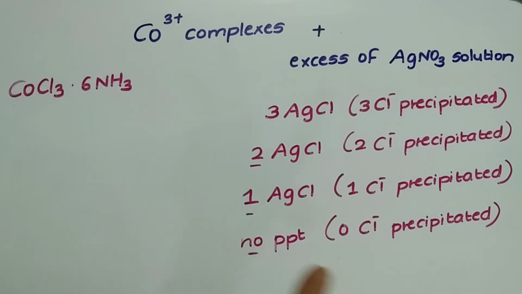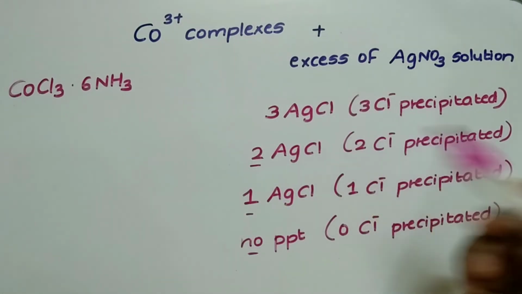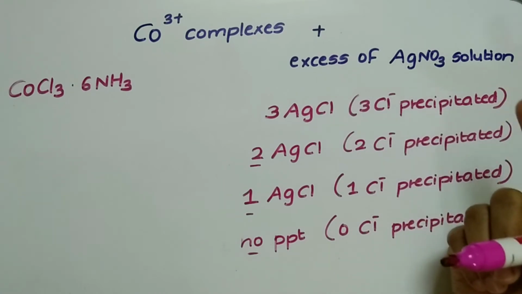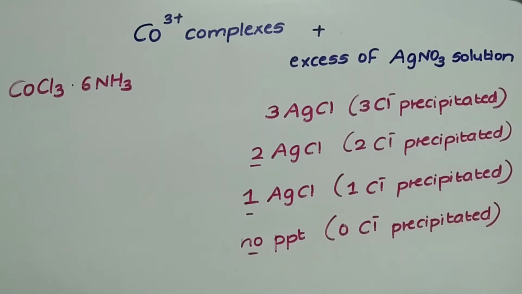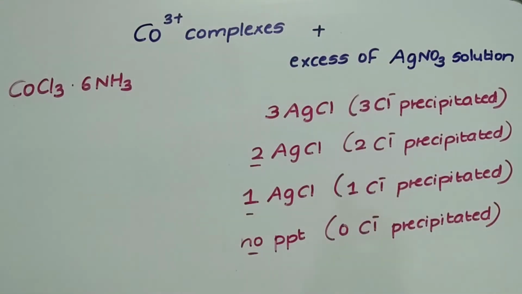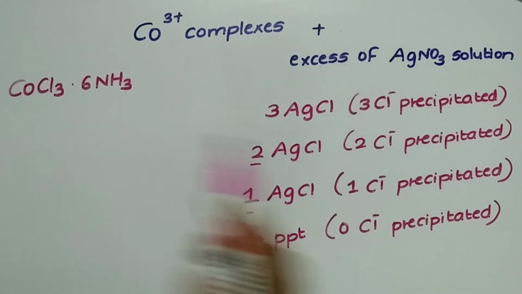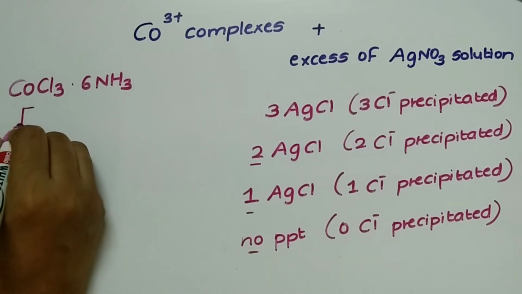So how we will write this is, the number of chloride ions precipitated, that we will write outside the square bracket. In the first case 3 chloride ions were precipitated. So how will we write the formula for the complex?